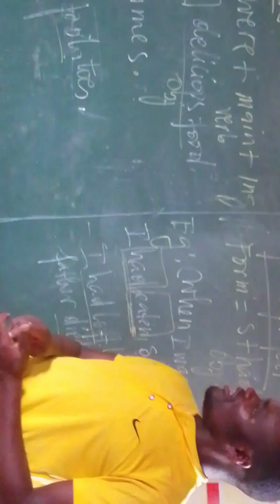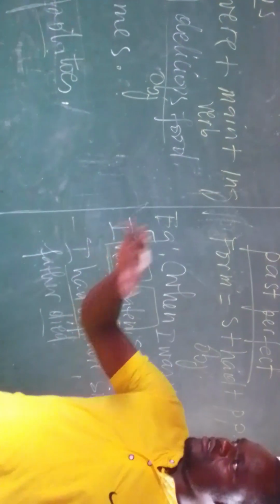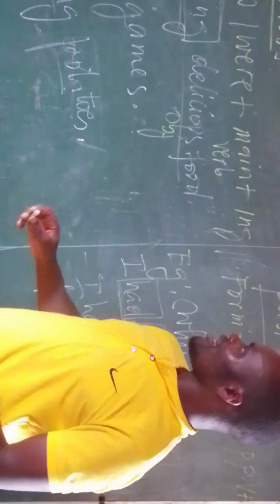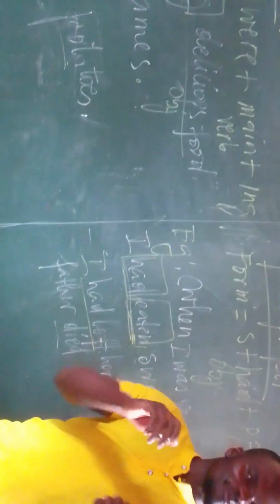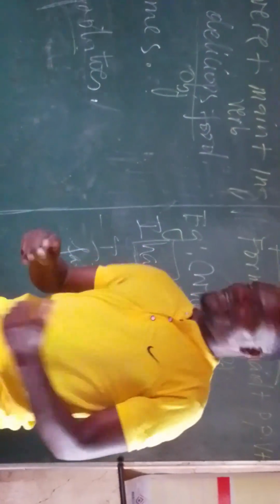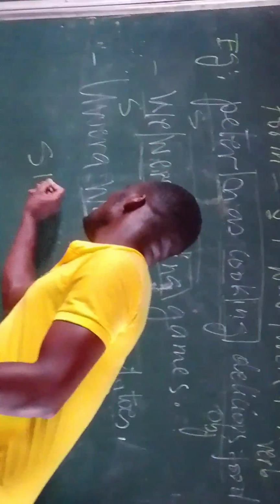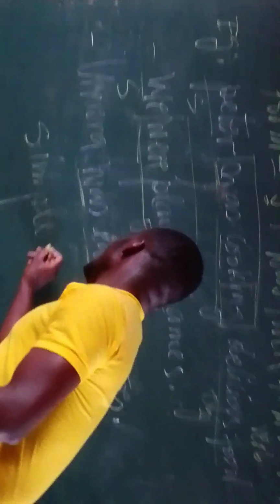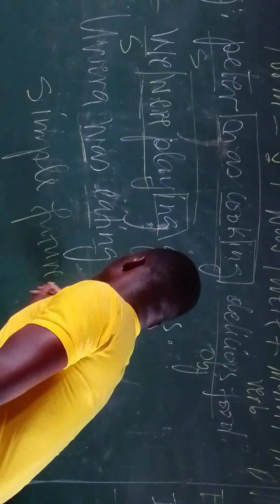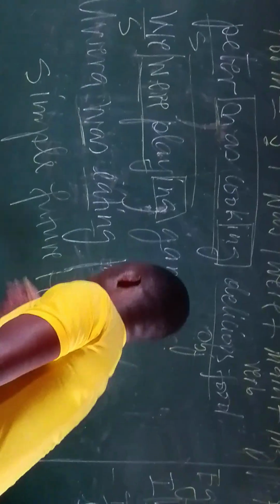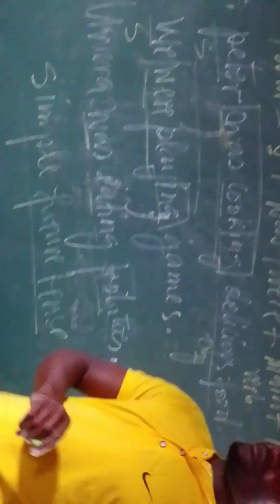Okay. Of course, while still being here at the tenses, we have seen also what we call the future tense. We have seen past tense, past continuous, past perfect. So we can see also the simple future tense.